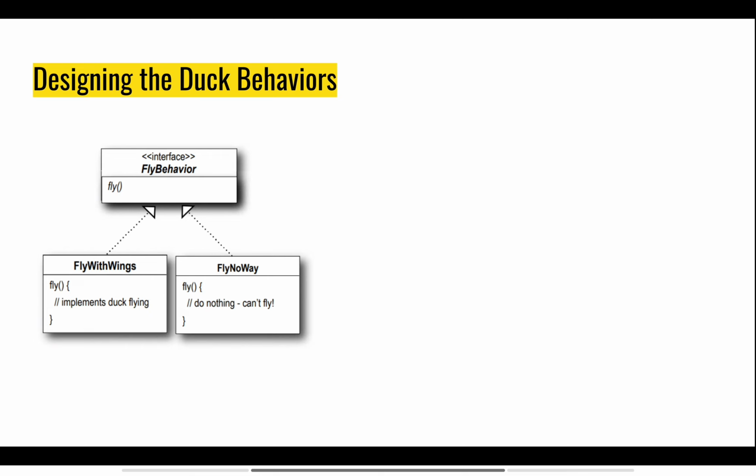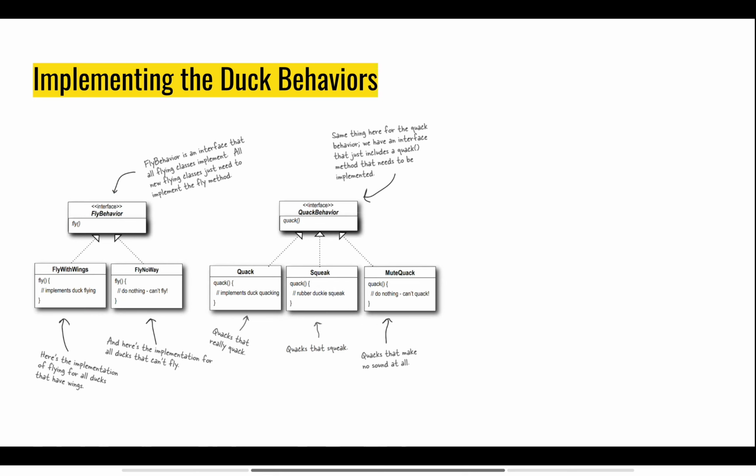The ducks who want to fly will have a FlyWithWings capability, and the ducks who don't want to fly can use FlyNoWay functionality. So let's extend this for the Quackable too.